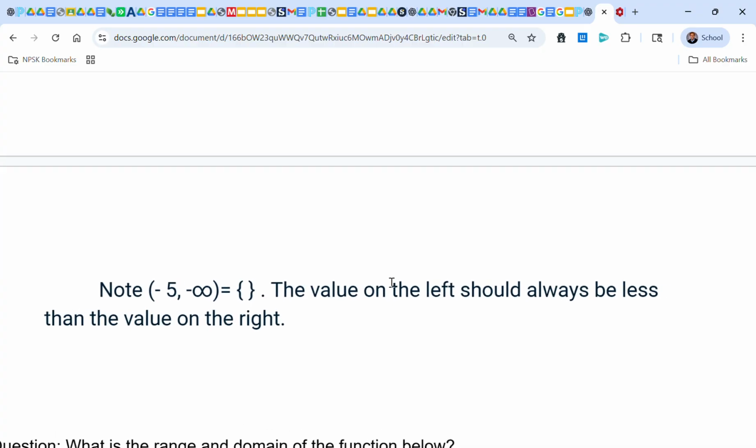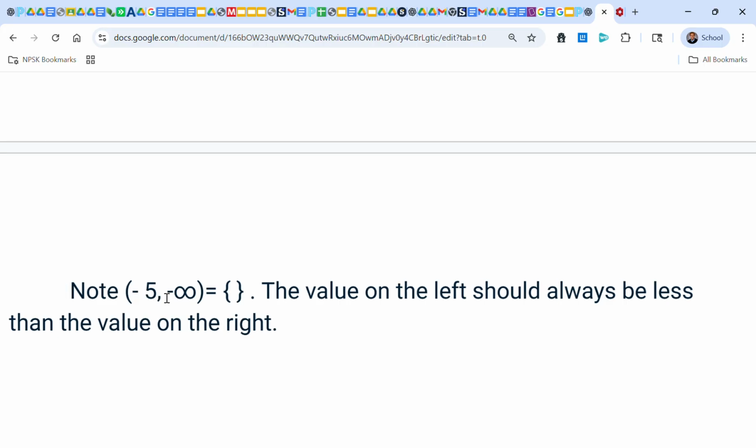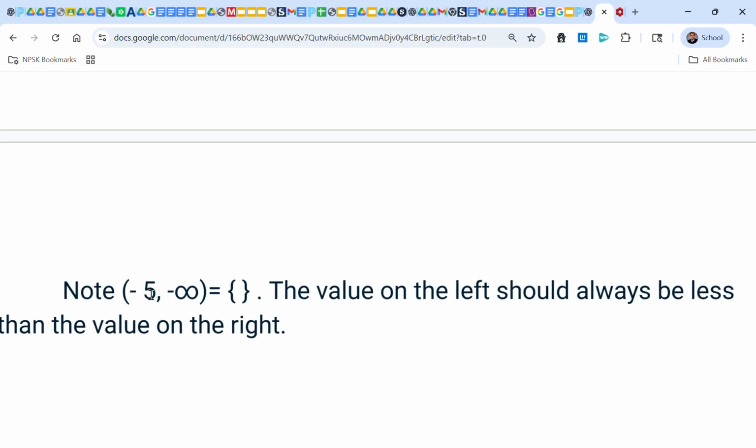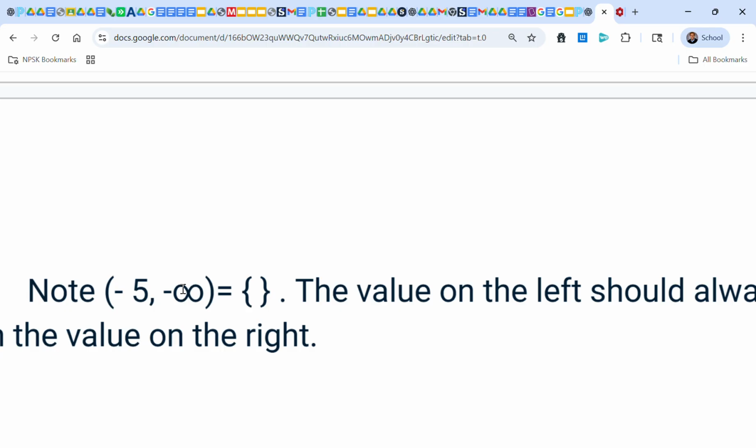A lot of times I'll see students write this stuff. Note that this doesn't make much sense: negative 5 to negative infinity. We don't want to write it like this. Always put the value that is less on the left side, and the value that is larger on the right side.